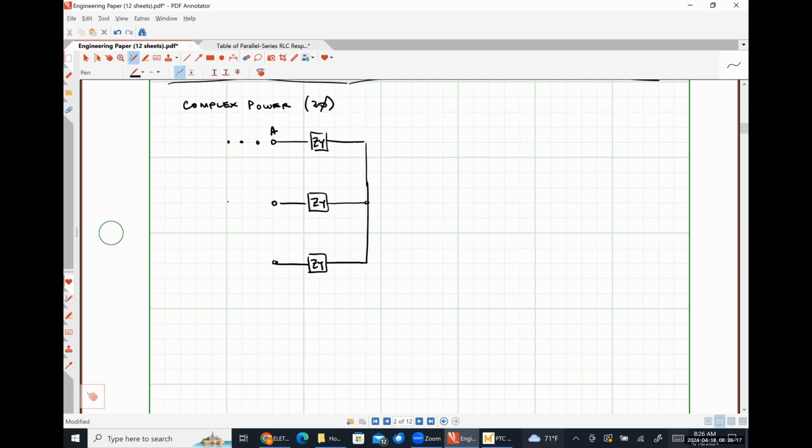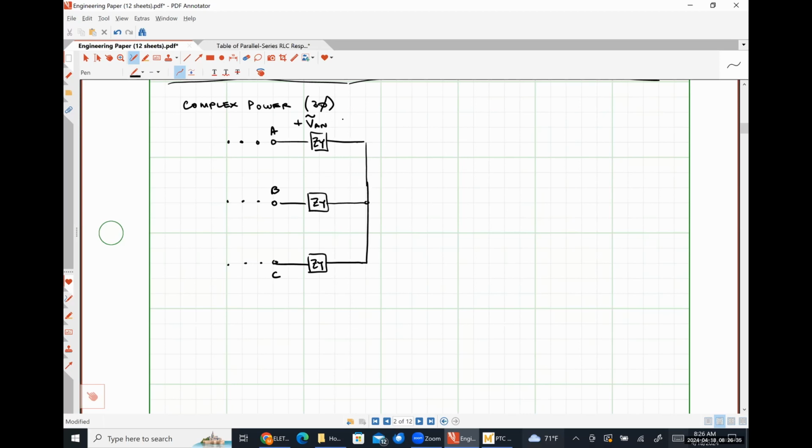So here's our A phase. Here's our B phase. Here's our C phase. And we're going to start by looking at our phase voltages and our phase currents.